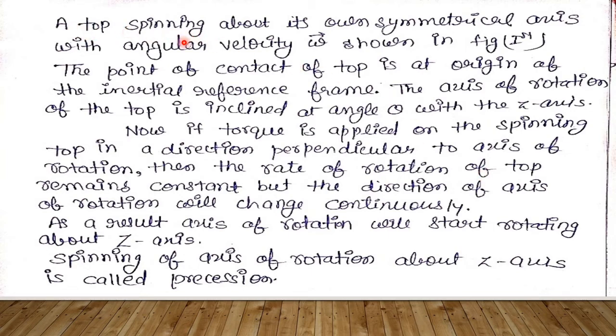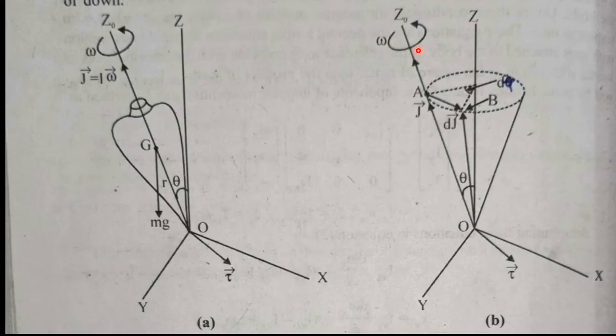A top is spinning about its own symmetrical axis with angular velocity omega as shown in figure first, and also we have J equals I omega.